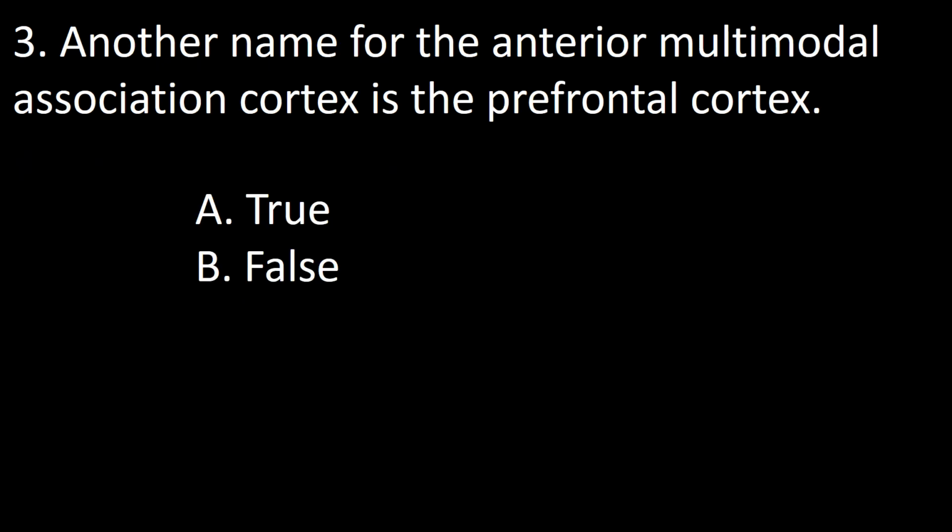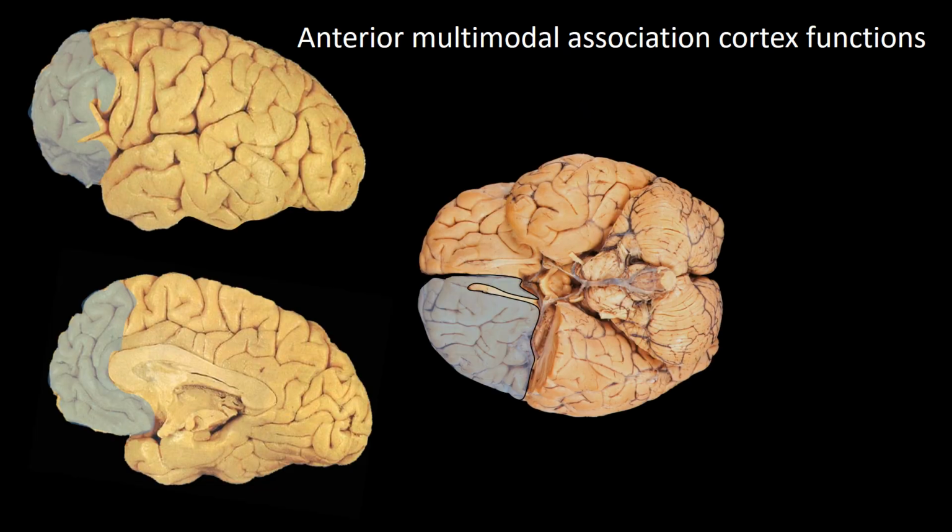Next question. Another name for the anterior multimodal association cortex is the prefrontal cortex. A true, B false. This frame presents three views of the brain. The anterior multimodal association area is shadowed.